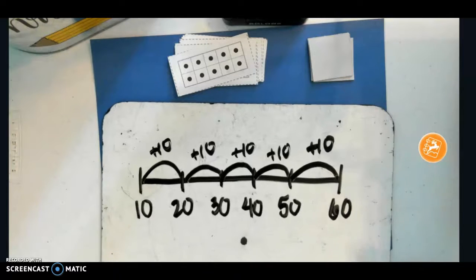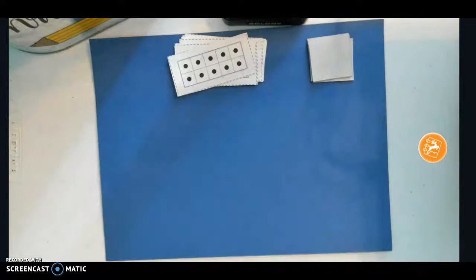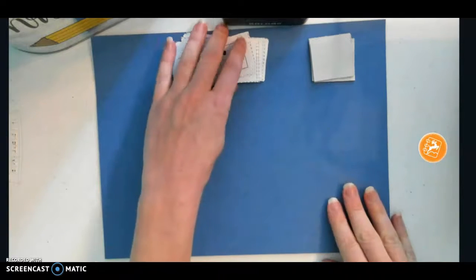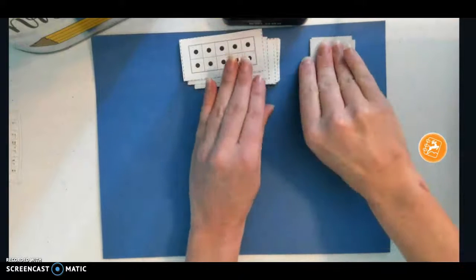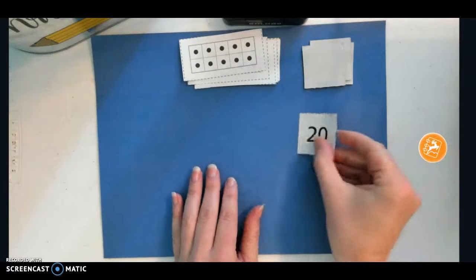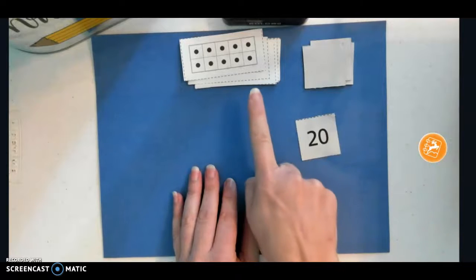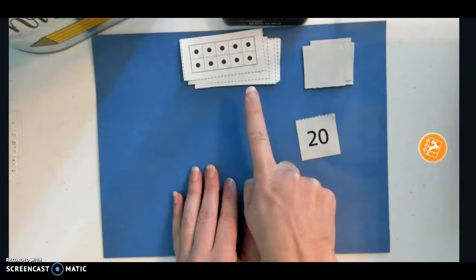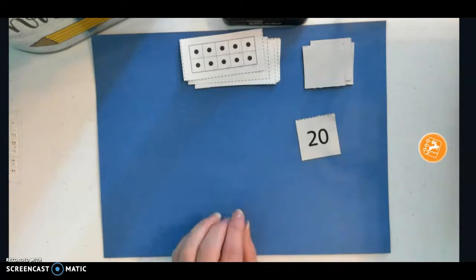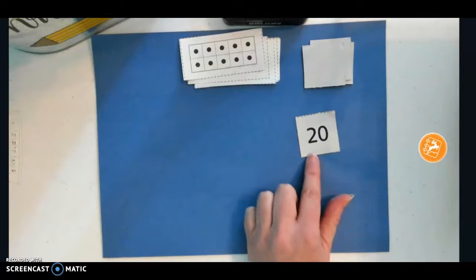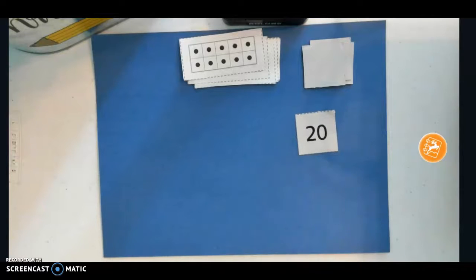Okay, now let's get back to our game. Build it. How many tens? So I'm going to flip over our first card. And I want you to think about how many full 10 frame cards it would take in order to build this number.